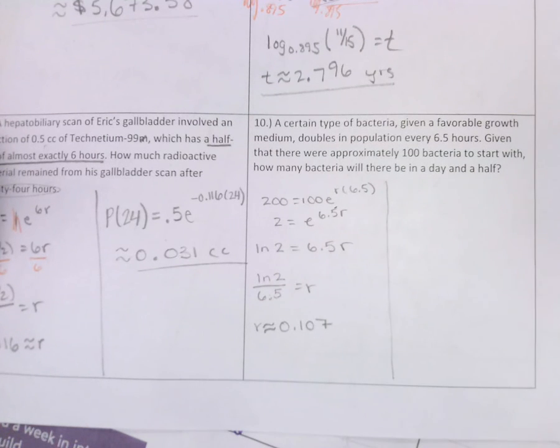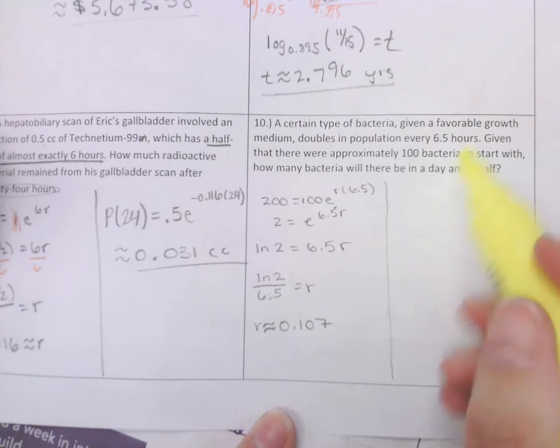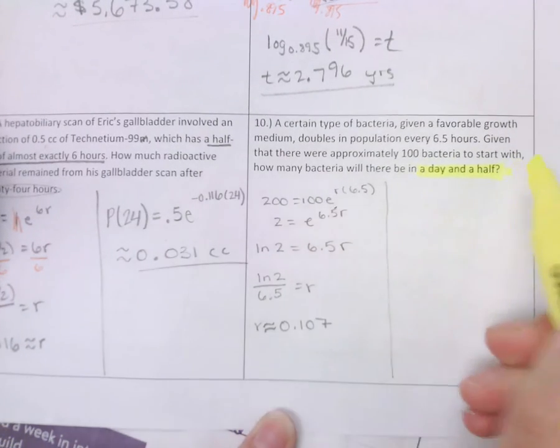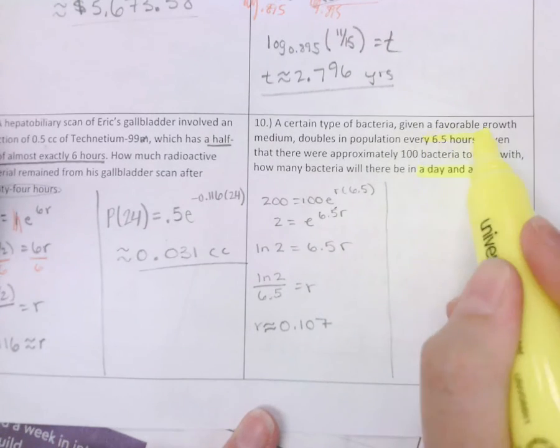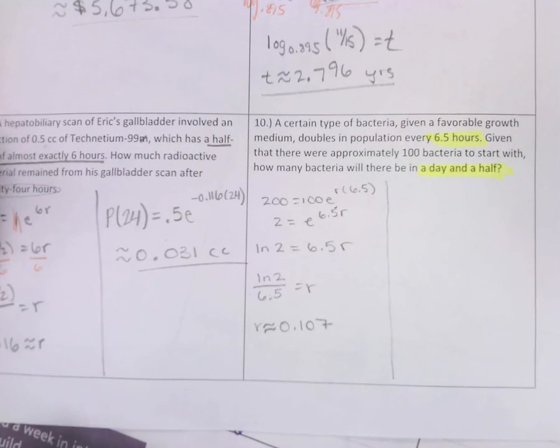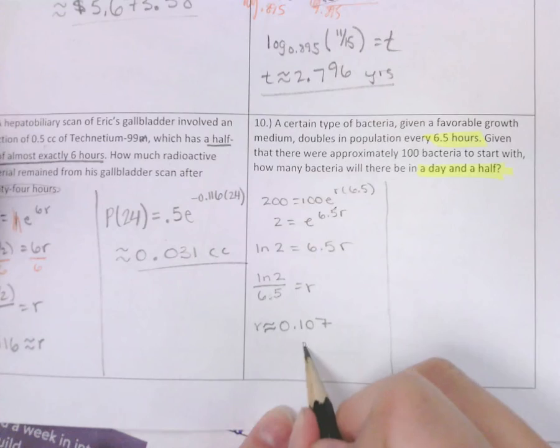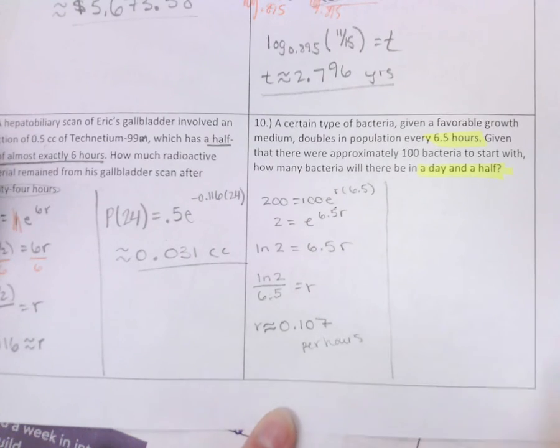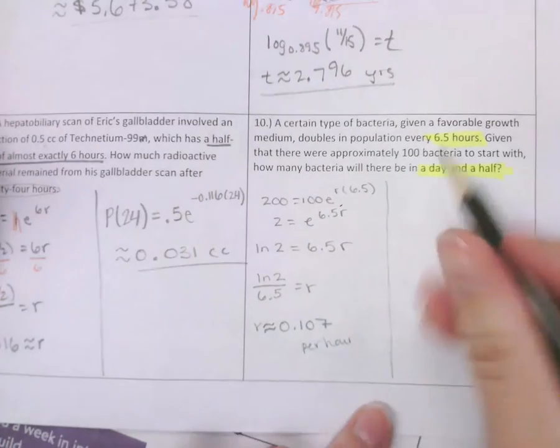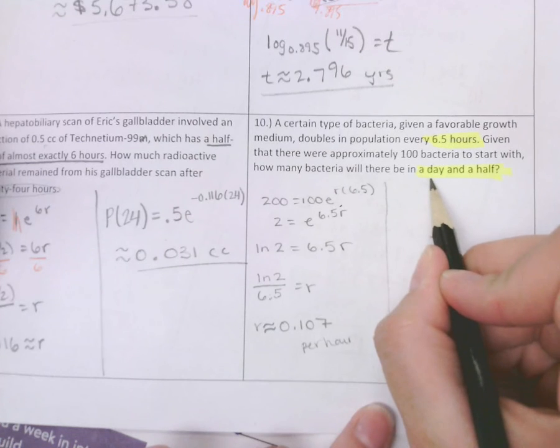There's a little bit of a tricky part in this question because it says how much bacteria will there be in a day and a half. Your rate that you calculated here is per hour, which means you need to make a day and a half into hours.